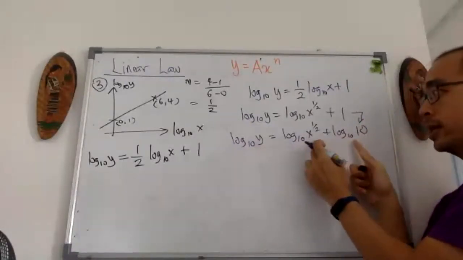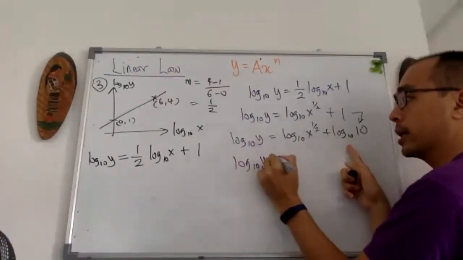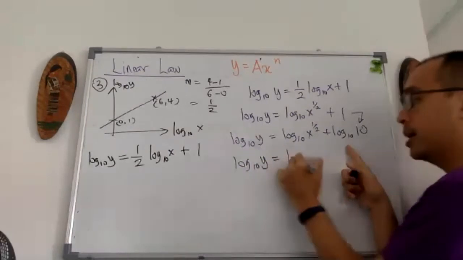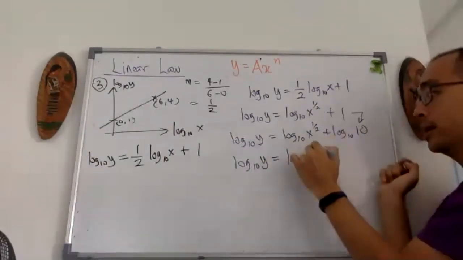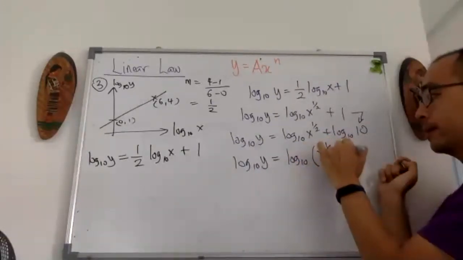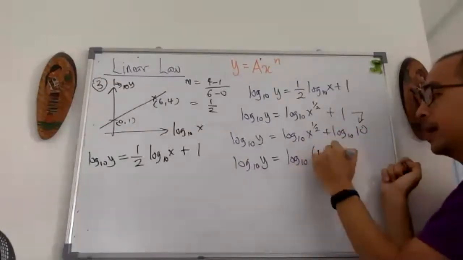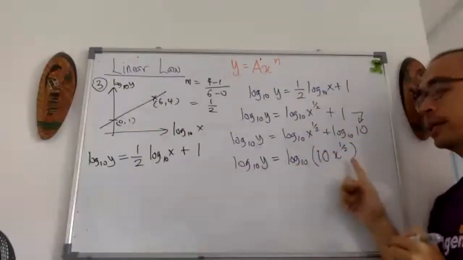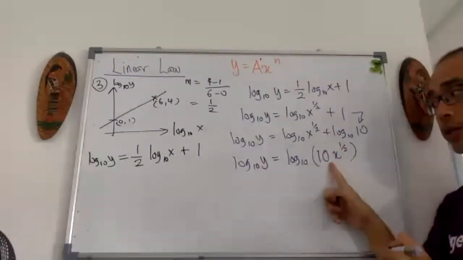When we have this, then we can combine this. So this will be log 10y equals log n. Because the operation is plus, I can multiply these two together. This will be x to the power of half times 10. Sorry, I'm going to combine it this way: 10 x to the power of half. Same thing, 10 times x to the power of half, or x to the power of half times 10.